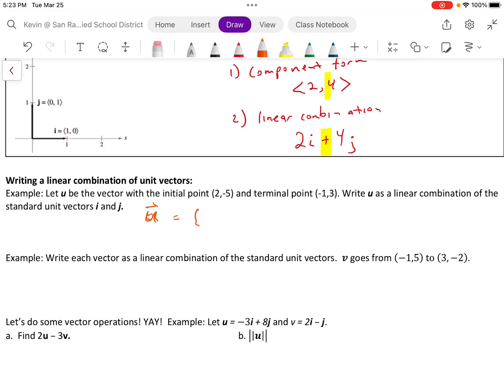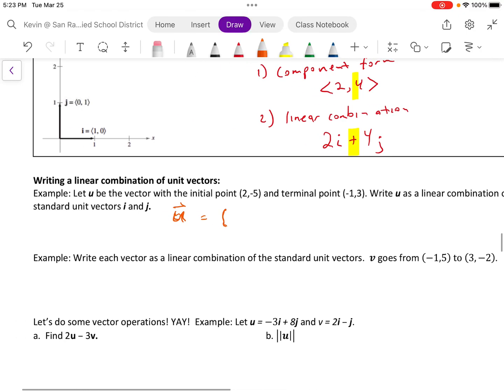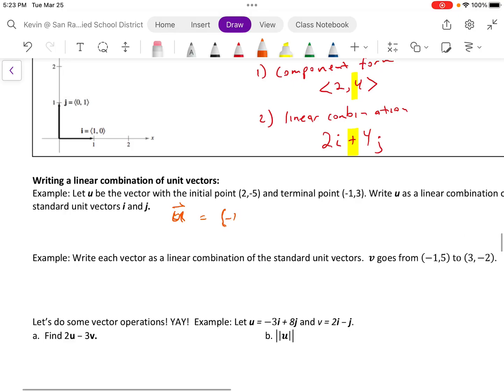The i is the x values, so it's the terminal minus the initial: -1 minus 2 i, plus 3 minus -5, which is basically 3 plus 5, but I'm going to be very specific here.